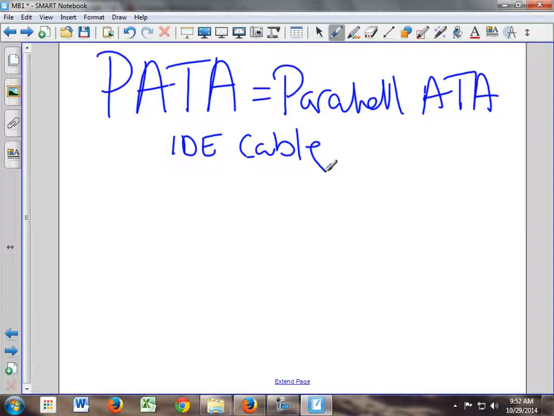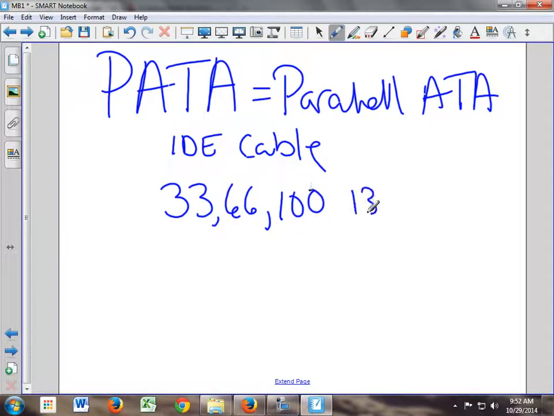The only thing we use PATA for anymore in school, and you still need to know how to hook it up, is CD-ROM drives. That's the only thing connecting PATAs up in school. PATAs went at speeds of 33, 66, 100, and some made it up to 133 meg.